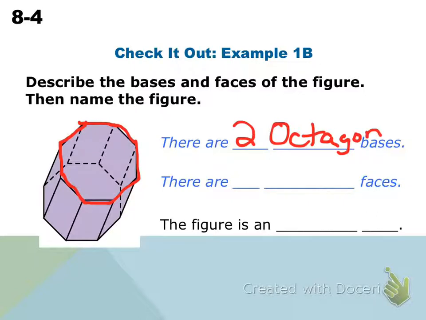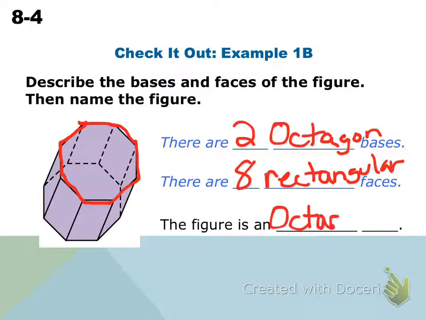So we have 2 octagon bases, and then there would be 8 rectangular faces. So that would make this one an octagonal prism.